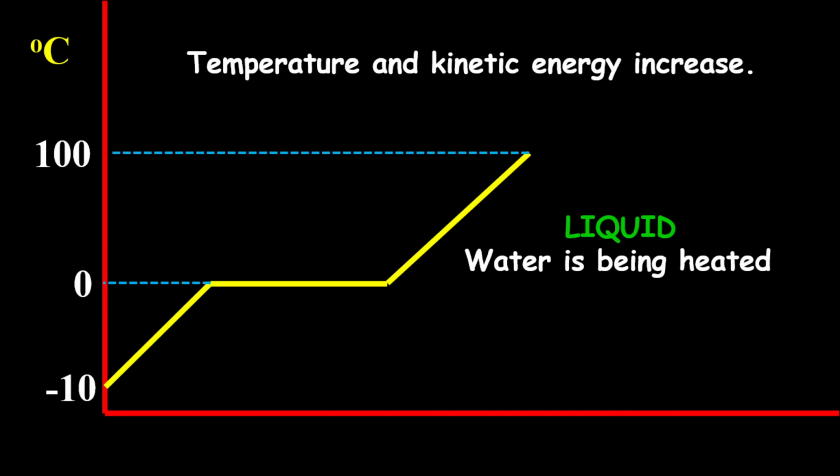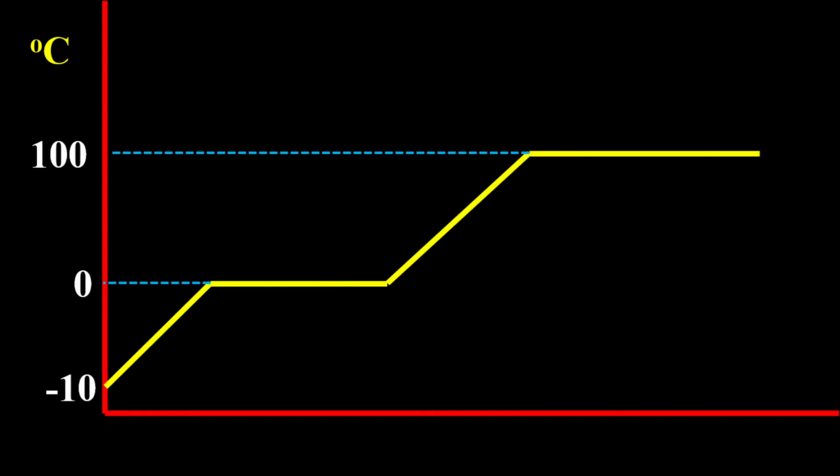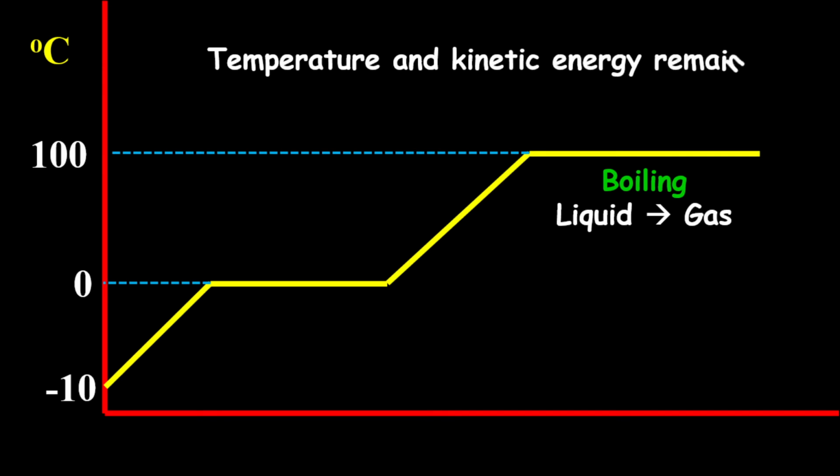Now, after 100 degrees Celsius, this temperature will be maintained, but importantly, this process is called boiling. And this is where liquid will turn into gas. And so again, temperature and kinetic energy remain the same because once the temperature is not changing, the kinetic energy will not change.